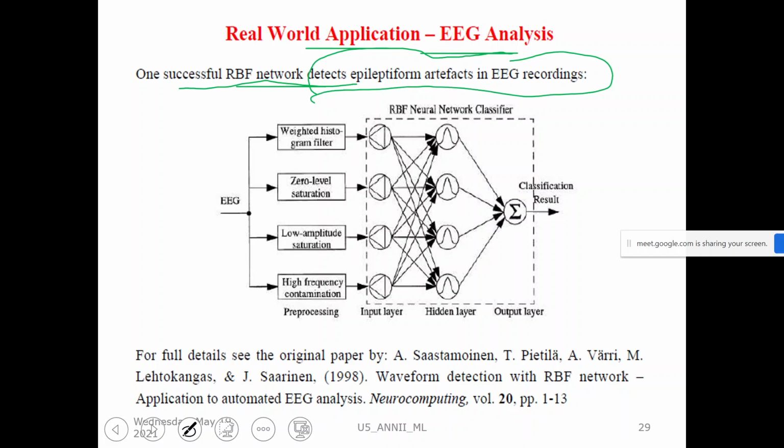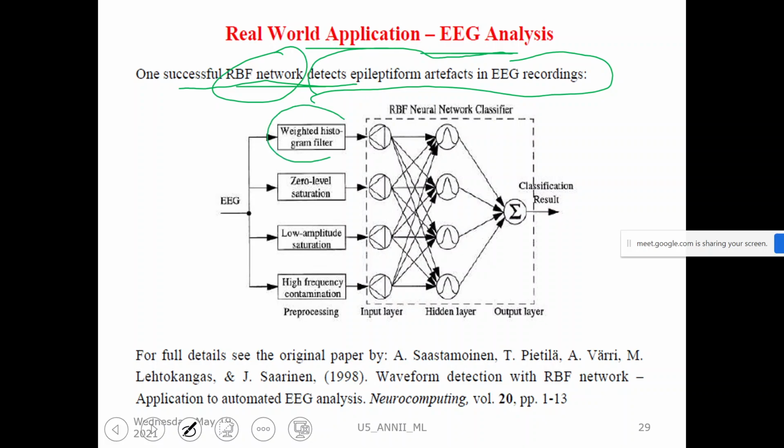I hope all of you know EEG, correct? In EEG there is epileptic seizure detection, where suddenly the brain gets damaged or stops functioning. Early detection is something people are working on, and that can be done with the help of RBF.